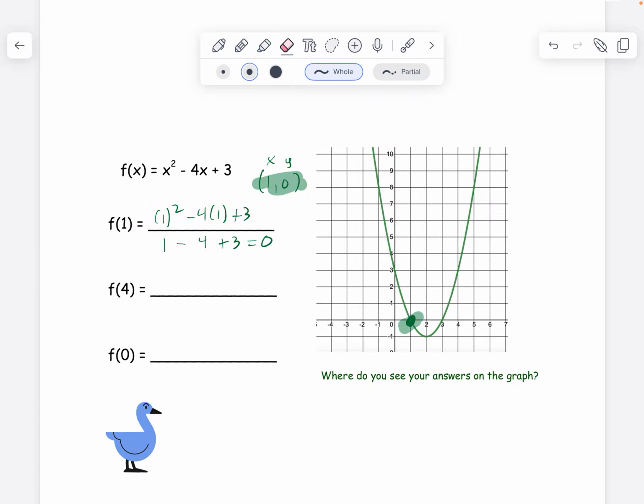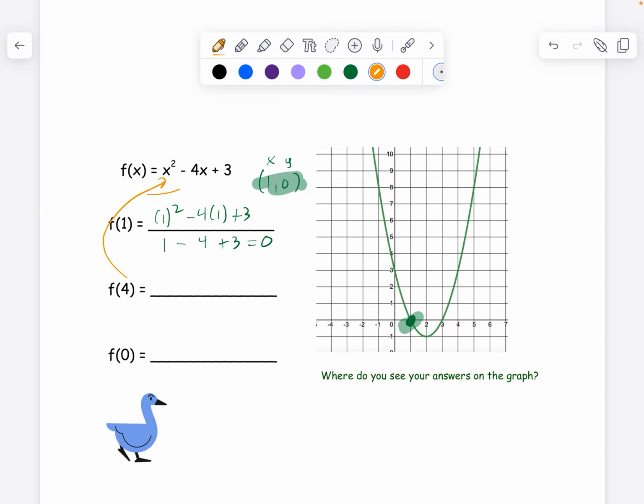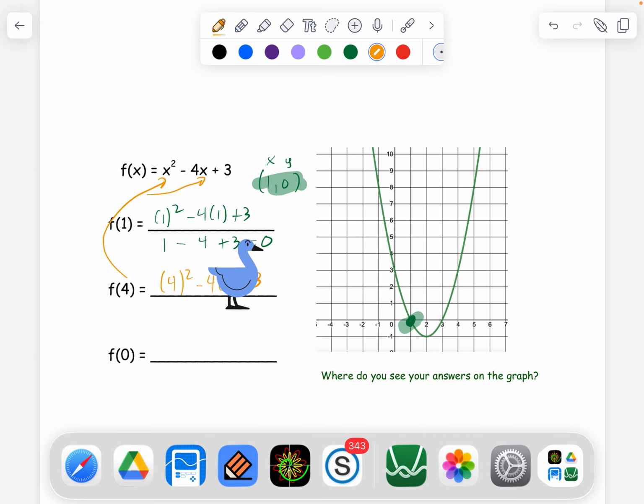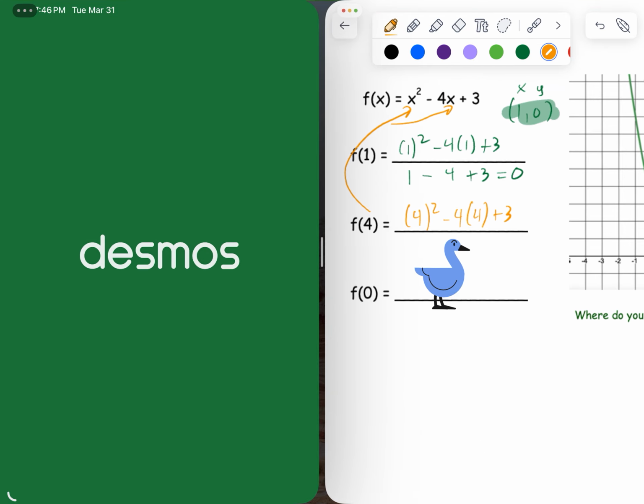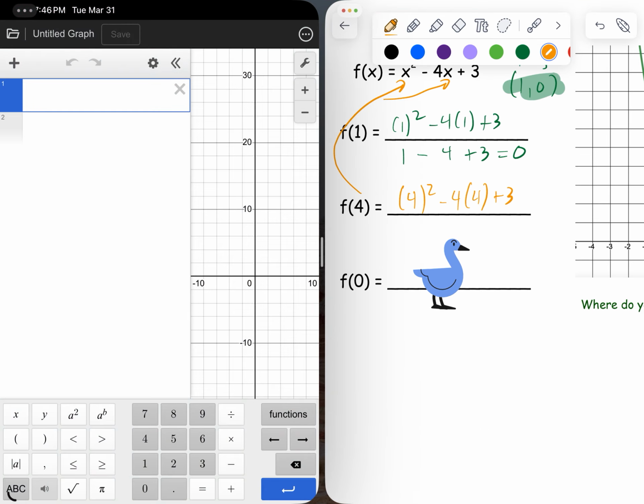Now 4. Plug in a 4 for the x's right there and right there. So it's 4 squared minus 4 times 4 plus 3. Let me maybe just speed it up in case you want a little help with the math. On Desmos, 4 squared minus 4 times 4 plus 3.